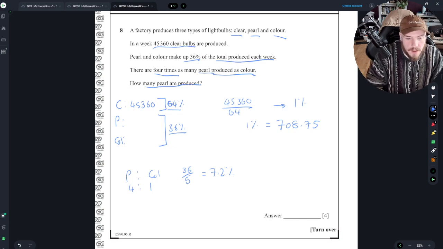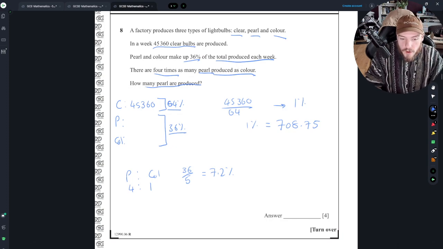Okay, so 1 in our ratio would represent 7.2%.